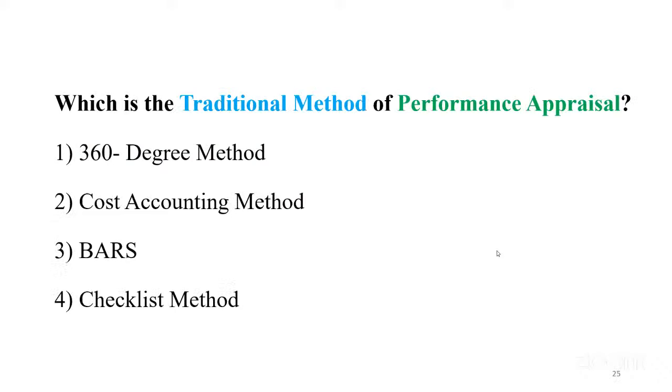Now, next question is, which is the traditional method of performance appraisal? Option 1, 360-degree method. Option 2, cost accounting method. Option 3, BARS. Option 4, checklist method. Let's see the performance appraisals first.